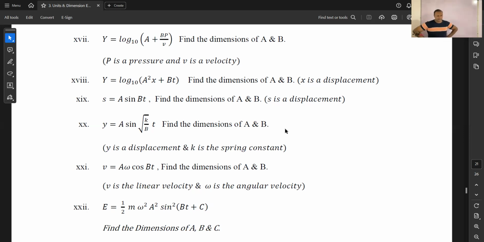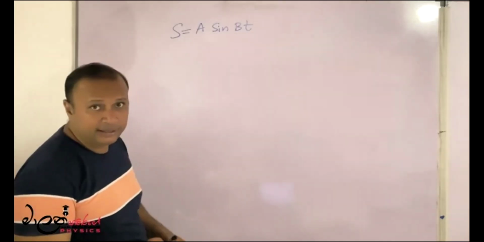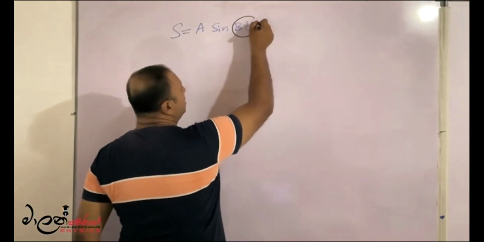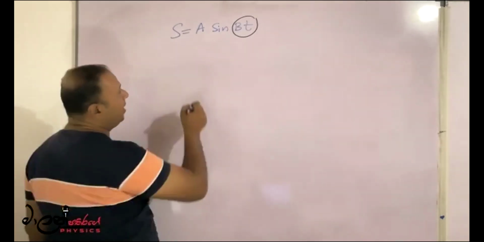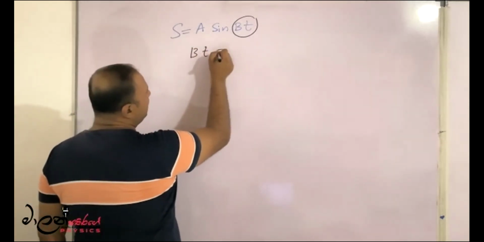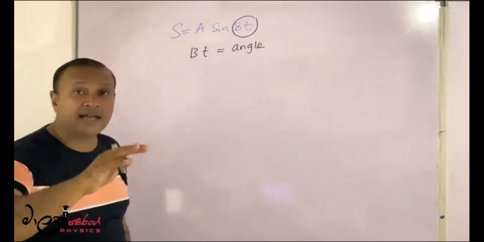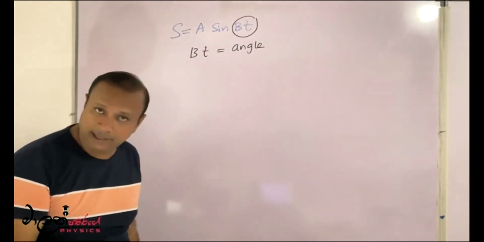Then the 19th one, S is equal to A sine BT. Therefore, definitely, this one is equal to an angle. So BT is an angle. Angle doesn't have a dimension.